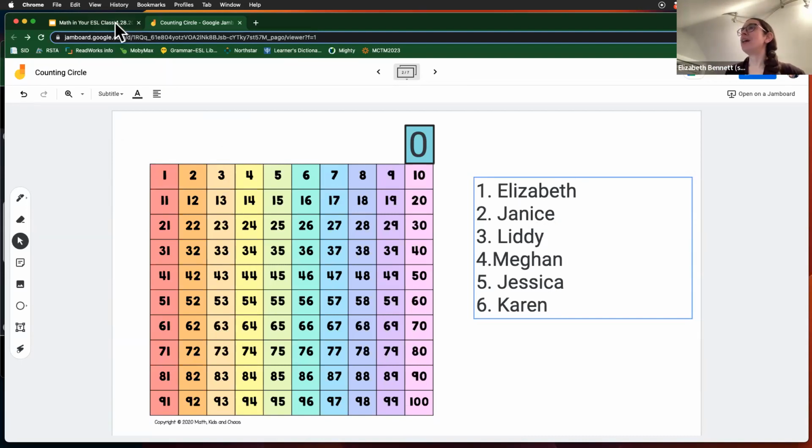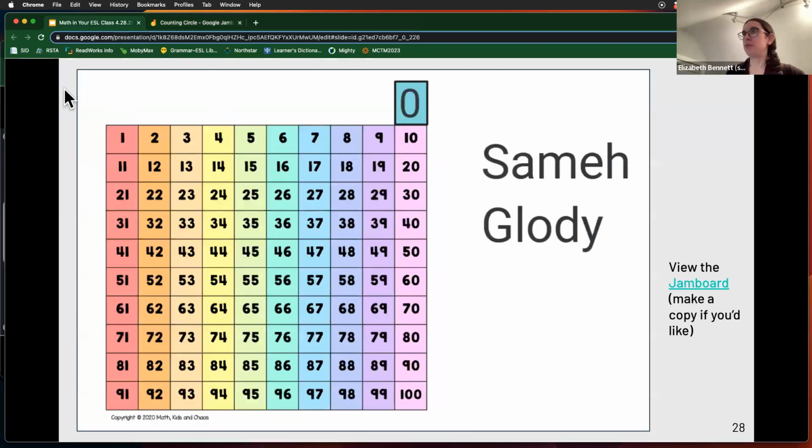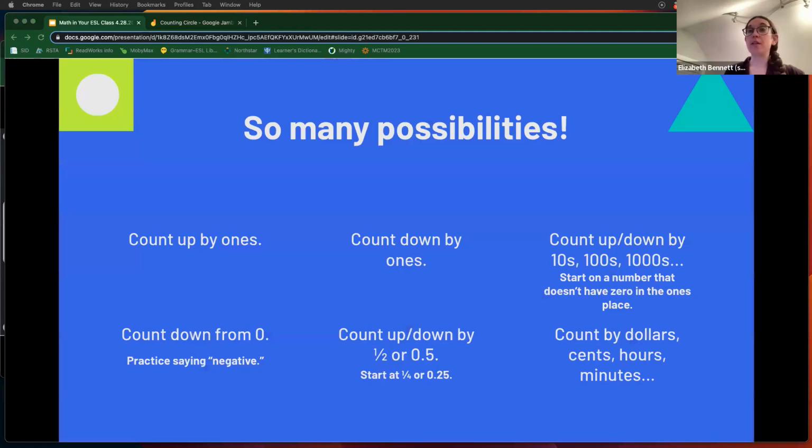So there are a ton of things you can do with this activity. Of course, probably the very first time you do it, you would start at 0 and just count up by ones. You can also count down by ones, count backwards. You can count up or down by a different number, by tens, hundreds, thousands.